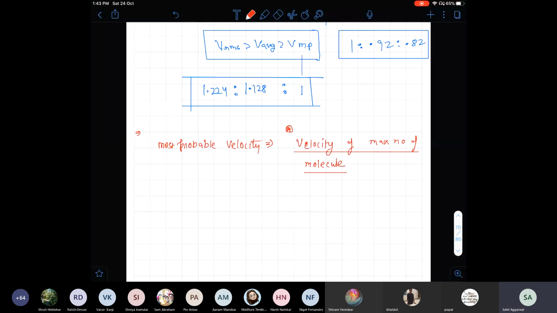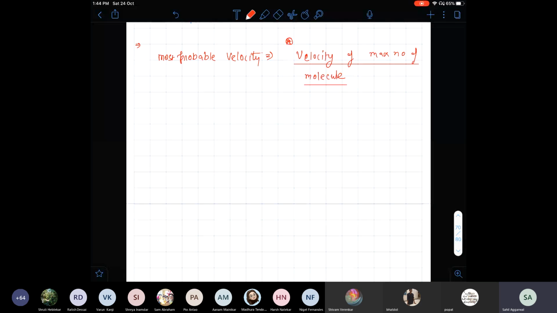If you have 100 molecules moving with different velocities, the velocity which is common for maximum number of molecules will be most probable velocity. Understood? सबसे ज्यादा probability.